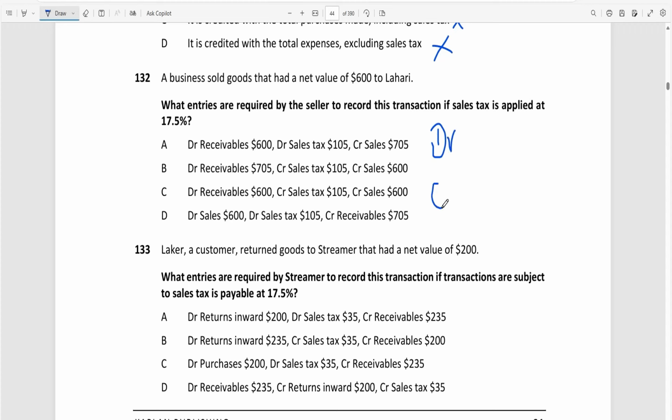If we are selling goods, obviously on the credit side there will be sales. On the debit side, if we are selling the goods on credit, there will be receivables. And if we are selling the goods for cash, then cash or bank will be debited. So here it might be cash as well as bank.